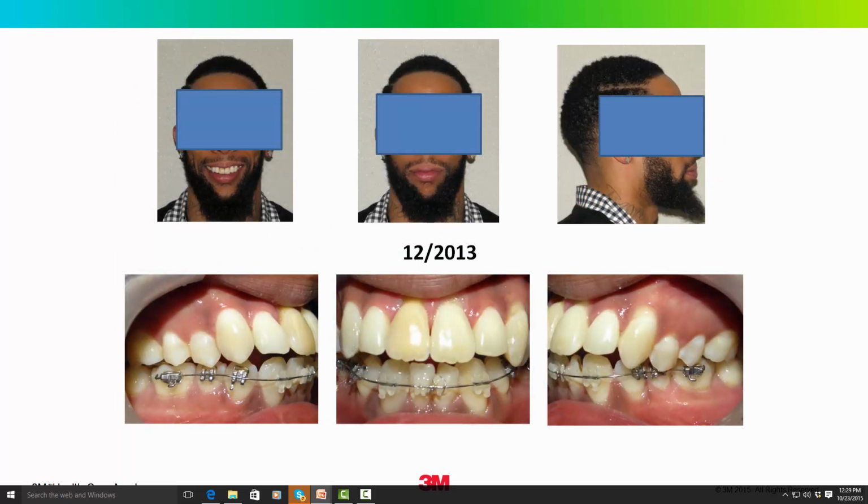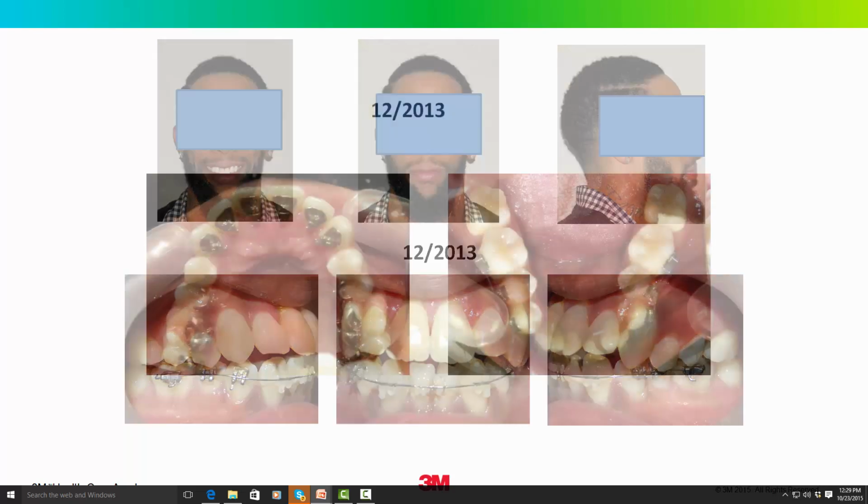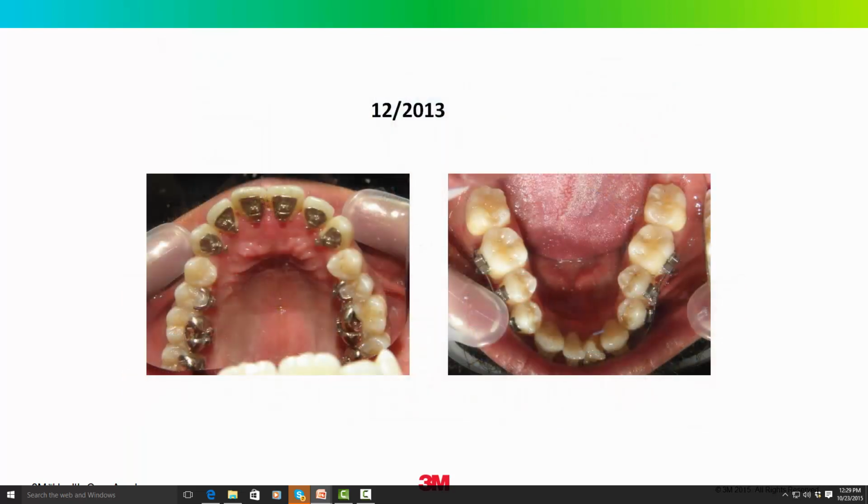And here is what he looks like 4 or 5 months later. You can see the upper teeth are aligned, but they're procumbent. The torque isn't great. Now at this point, I sent him to have the 2 upper first bicuspids removed.